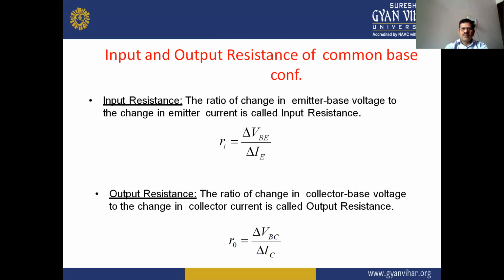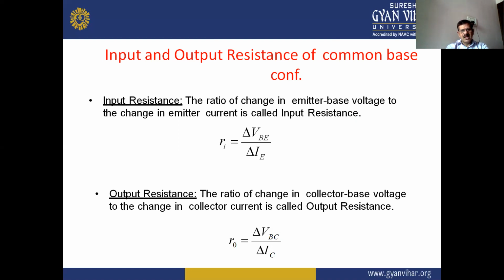The ratio of change in emitter base voltage to the change in emitter current is called input resistance. So input resistance Ri equals change in base to emitter voltage divided by change in emitter current. This can also be determined with the help of the input characteristics graph of the common base configuration.